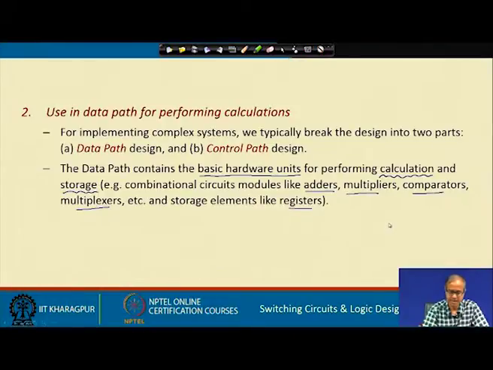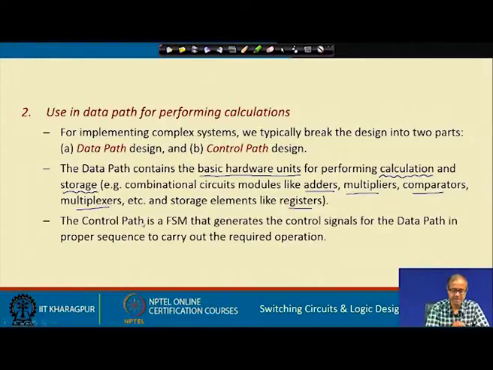Right. And you need a separate unit called control path. The idea is like this: the data path contains the basic circuits that are required to carry out the calculation, but someone has to tell what calculation has to be done in what sequence of time. So, there must be some other circuit which will be generating the signals in proper sequence to carry out the required operations.